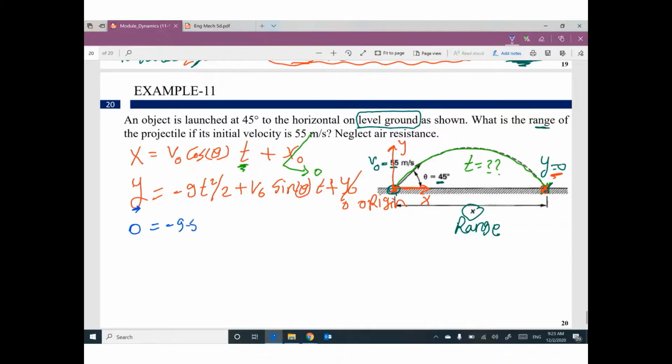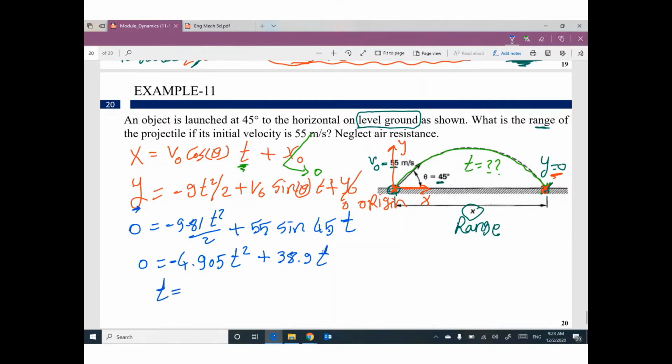Negative 9.81 t squared divided by 2, v naught 55, sine 45 degrees. Please go ahead and simplify your equation. Negative 4.905 t squared plus, we have t here, 55 times sine 45 degrees. This value is 38.9 t.